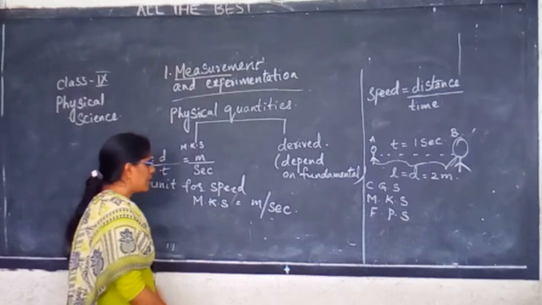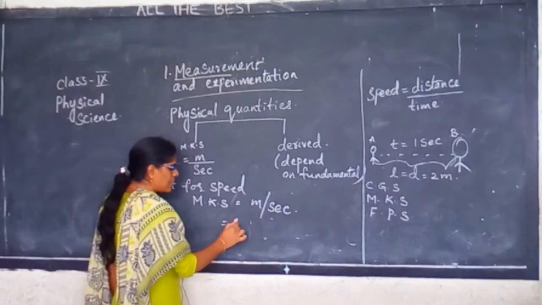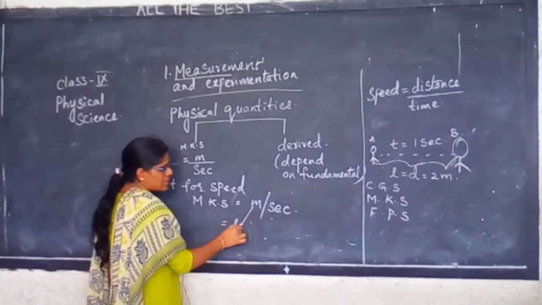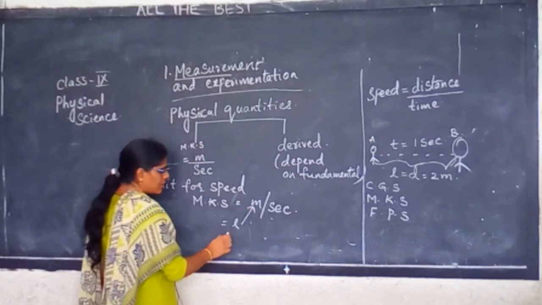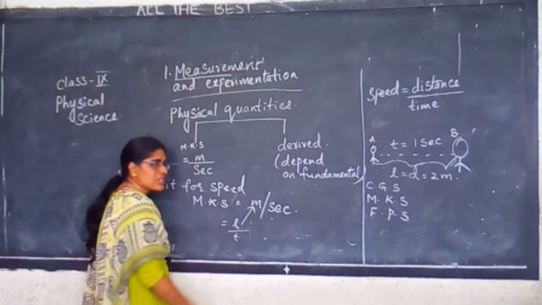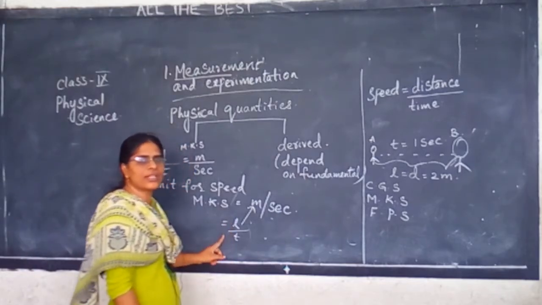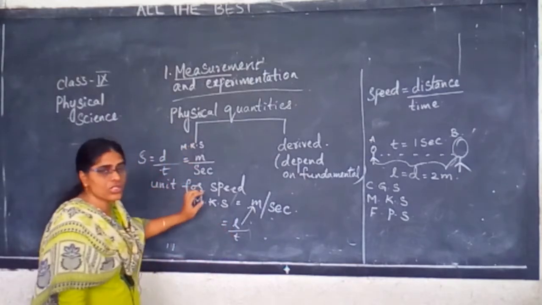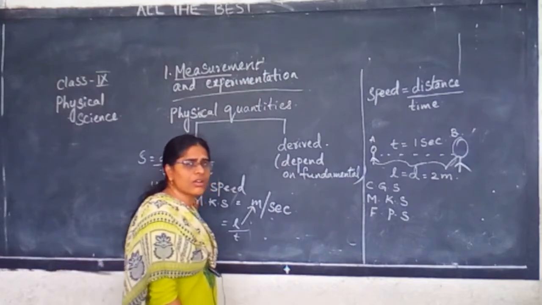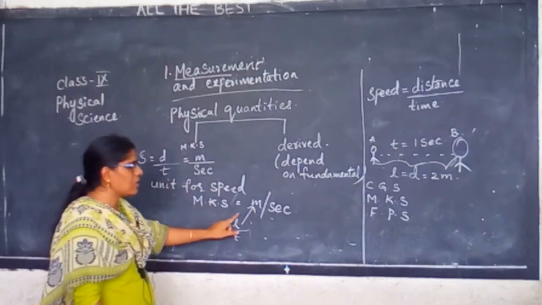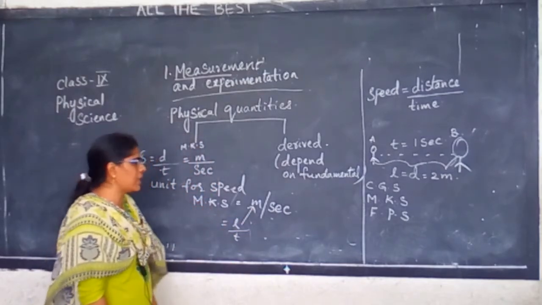Time. Here length. In meters we will measure length. Seconds we will measure time. Are these two, length and time, belonging to the fundamental quantities or not? They belong to the fundamental quantities.